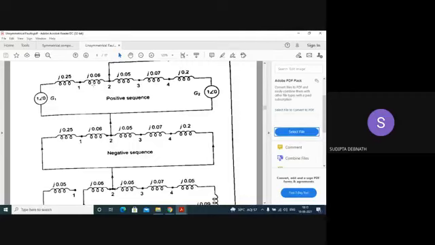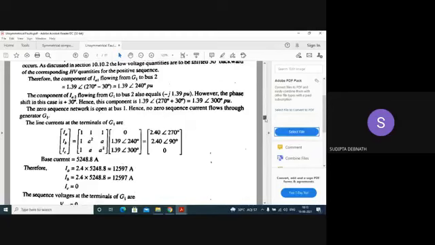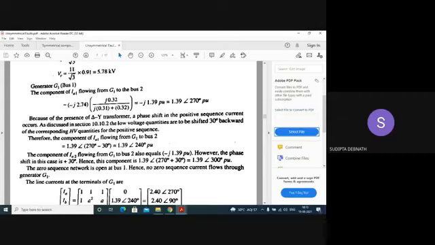It will be the same. In the numerator, total current into this value, this is 0.32 divided by 0.31 plus 0.32. So you will be getting this exactly the same. And the negative sequence value will also be the same.